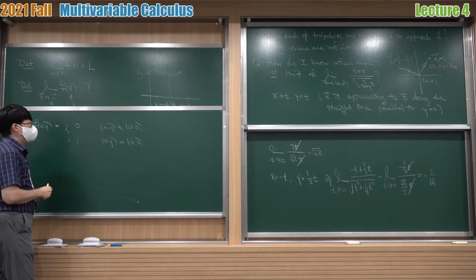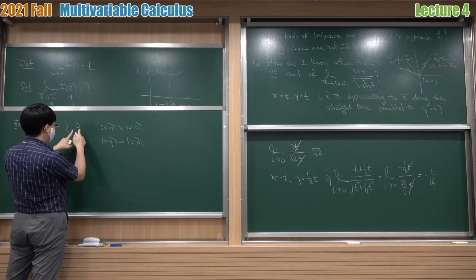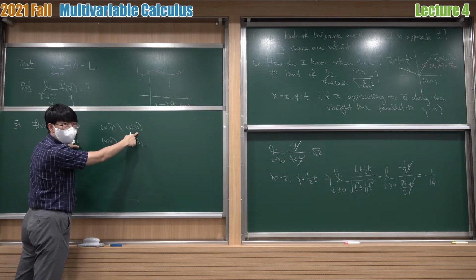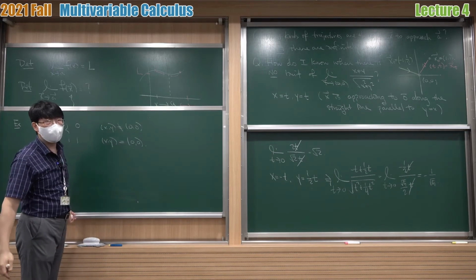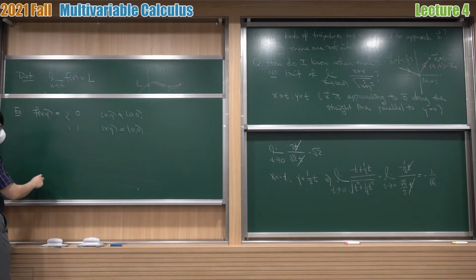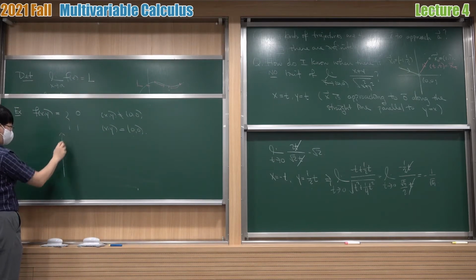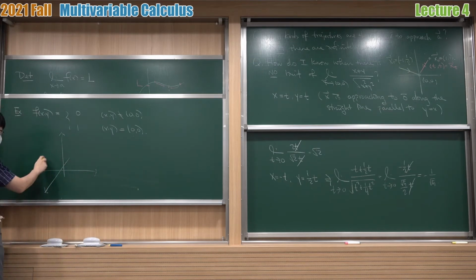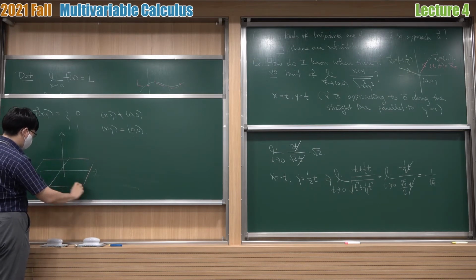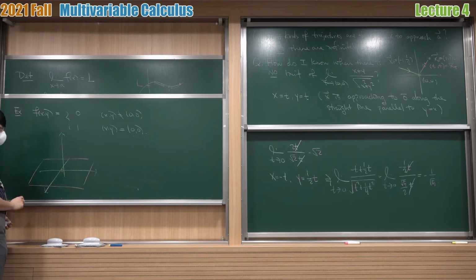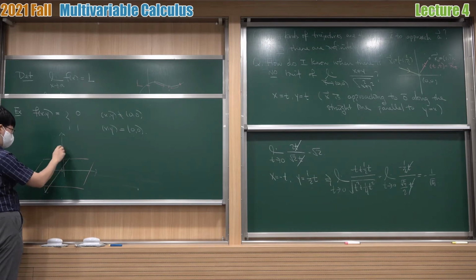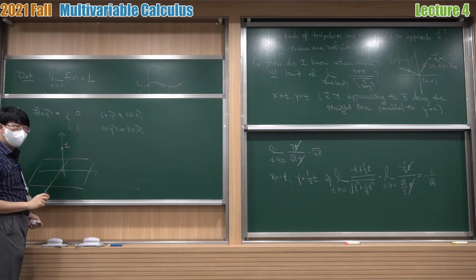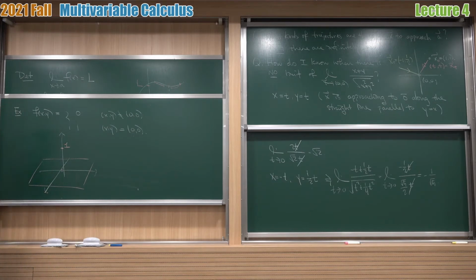And I define my value to be 0 if x and y are not the origin, and 1 if x and y are 0. So what's the graph of this function? The entire value is 0 except for the origin. So there's a missing point, and at the missing point, we have value 1. So this is our graph.